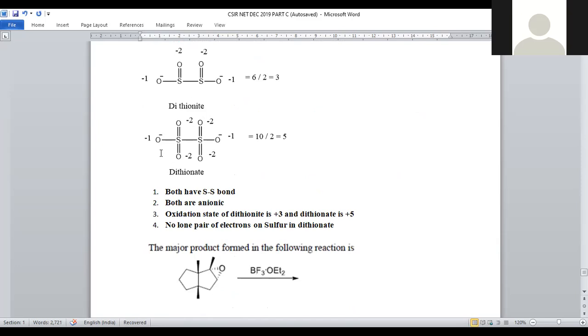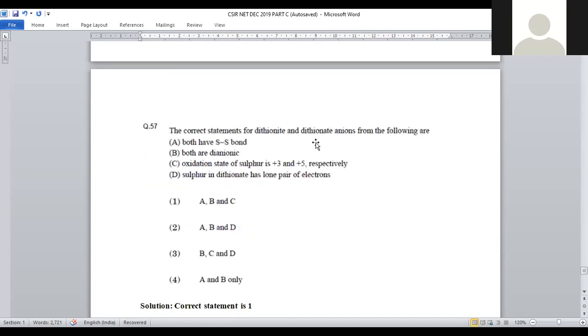The total charge on oxygens will be -10, which is counterbalanced by +10 for two sulfurs, 10 by 2. So the oxidation state of each sulfur is +5. So dithionite has +3, and dithionate has a +5 oxidation state.